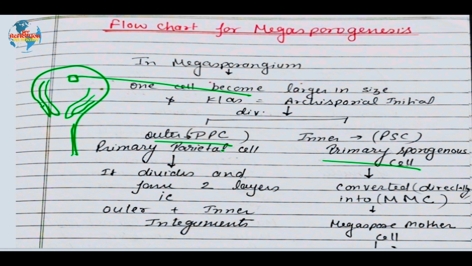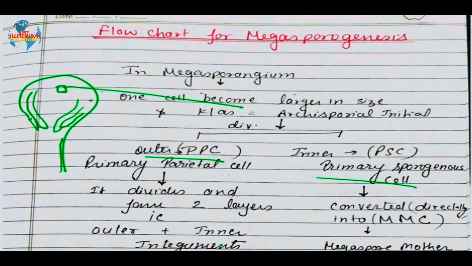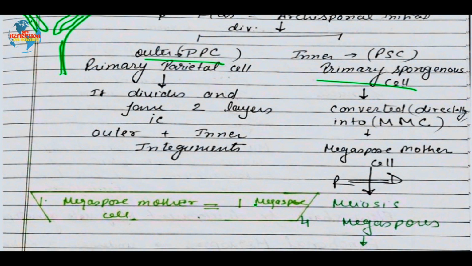As we have seen in microsporogenesis, a similar structure is produced here also, but here the primary parietal cell makes just two wall layers, termed outer and inner integuments respectively. In microsporogenesis, if you remember, four wall layers were developed.